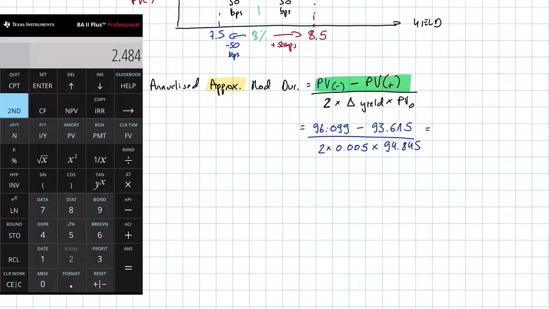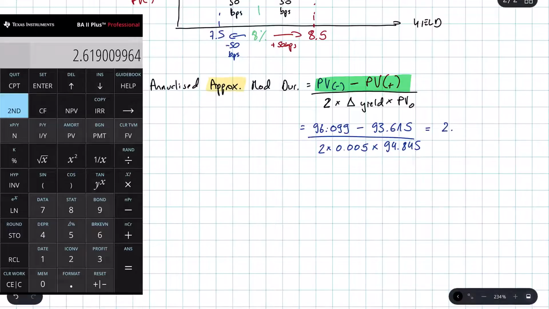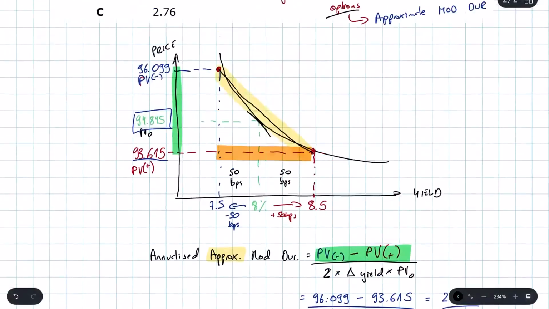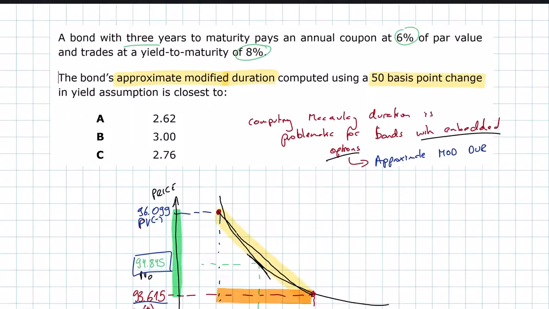I'm going to open a bracket by 2 times 0.005 and multiplied by 94.845. Close the bracket. What do we have over here? We've got an answer of 2.62 approximately, and that is very much in line with answer A to this problem, 2.62.